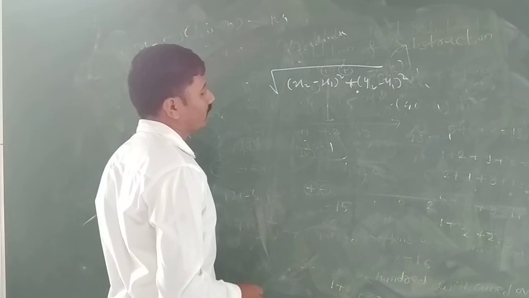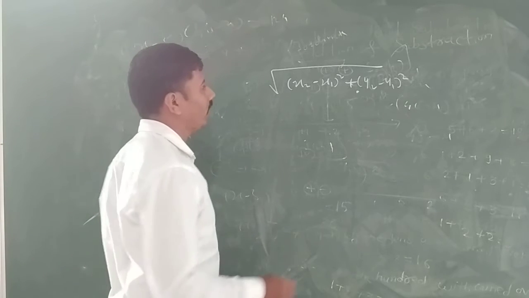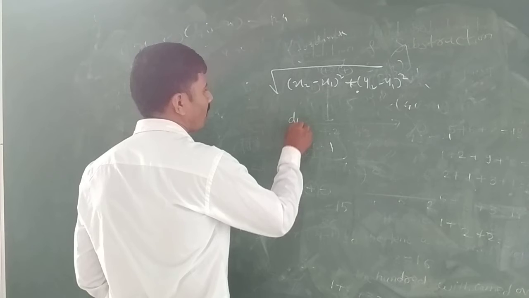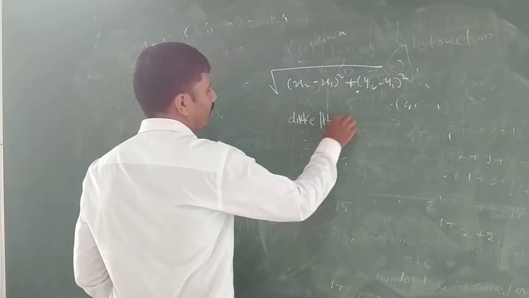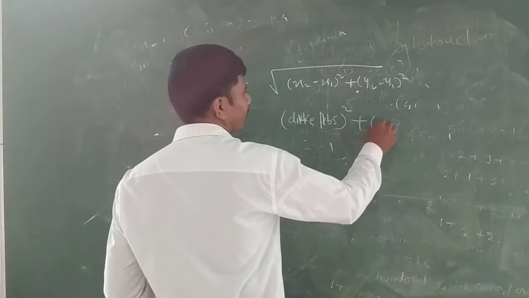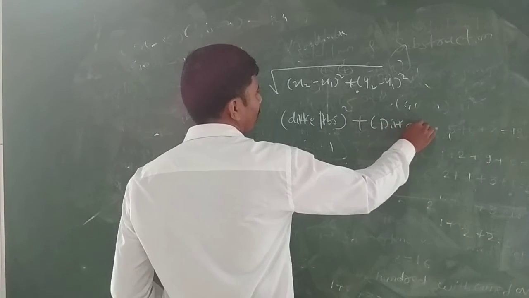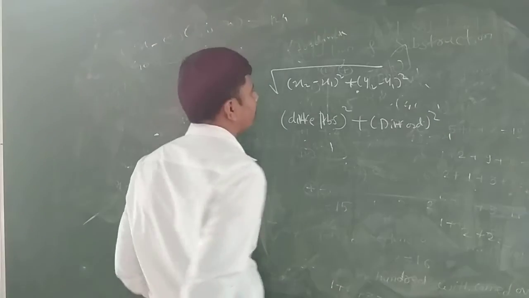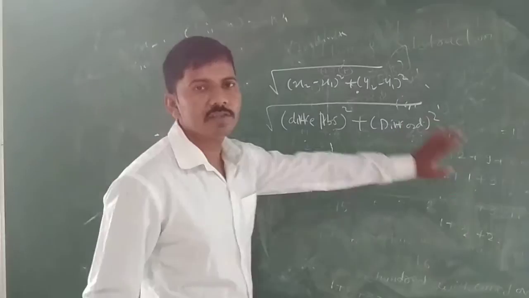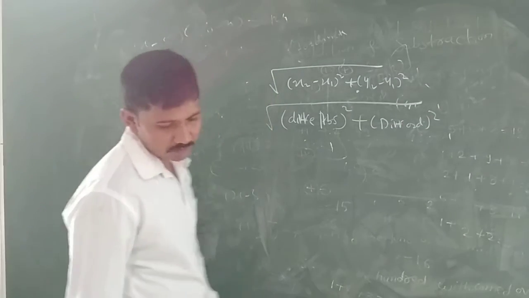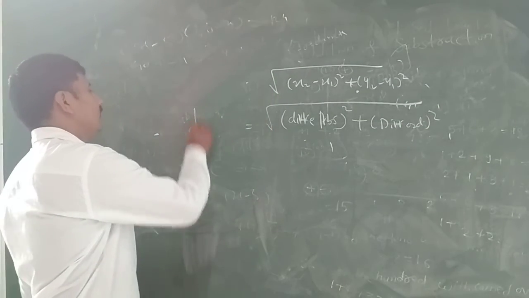So x2 minus x1 is what? The difference of abscissas, squared, plus the difference of ordinates, squared, all under the root. So remember this thing. This is nothing but the distance formula.